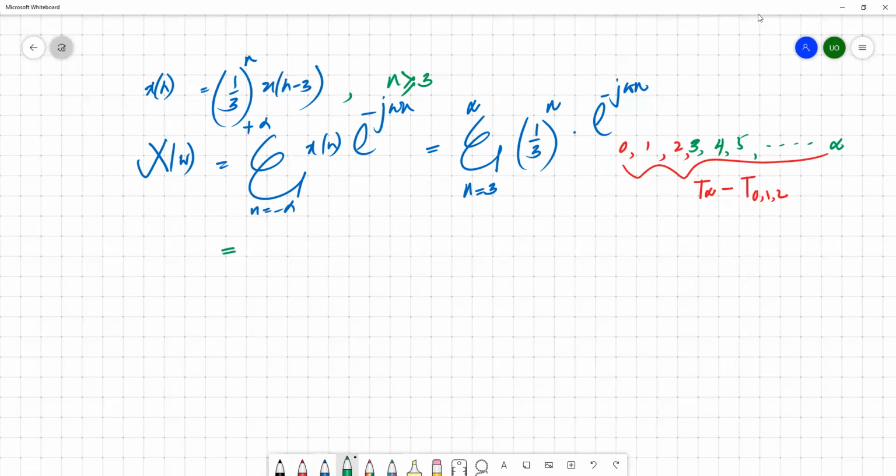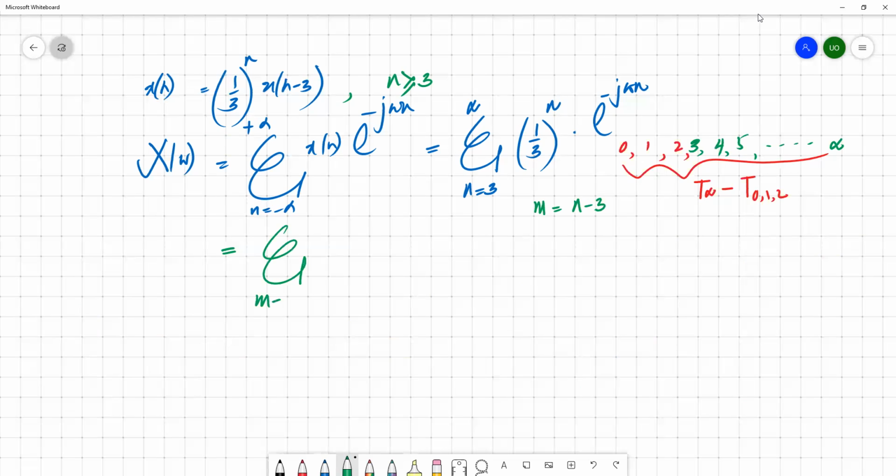So we need to change the index to start from 0. We'll take the substitution m equals n minus 3. So if n equals 3, this is basically a sum starting from 3 to infinity, and the corresponding value for m when n equals 3 is 0.